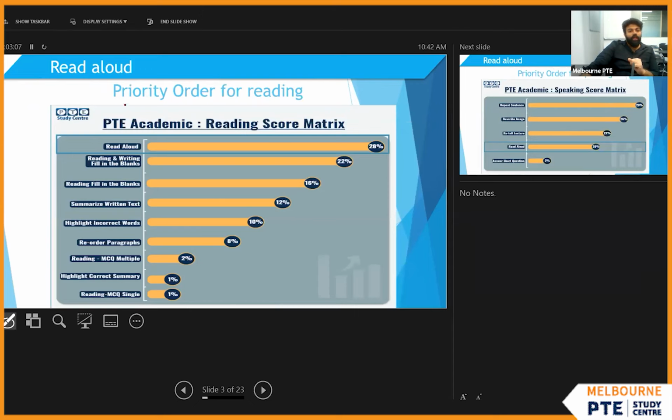So next, what we have in here is a priority order for reading. Now, what does priority order mean? This basically means that you have all the topics for reading listed in order of importance, going from the most important topic towards the least important.